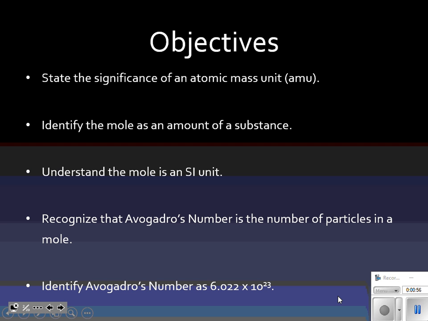It is part of the metric system. You should be able to recognize that Avogadro's number is the number of particles that are present in 1 mole of a substance. And finally, you should be able to identify Avogadro's number as 6.022 times 10 to the 23rd.